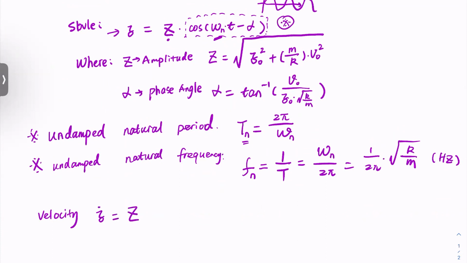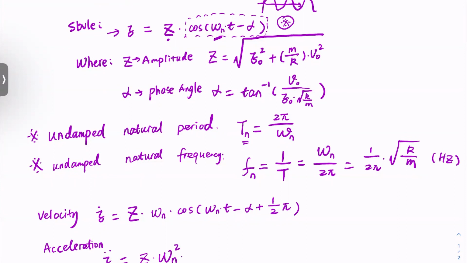Then we're talking about capital Z times omega times cosine omega n t minus alpha plus a half pi, and then acceleration, z double dot, is omega n squared cosine omega n t minus alpha plus a pi.